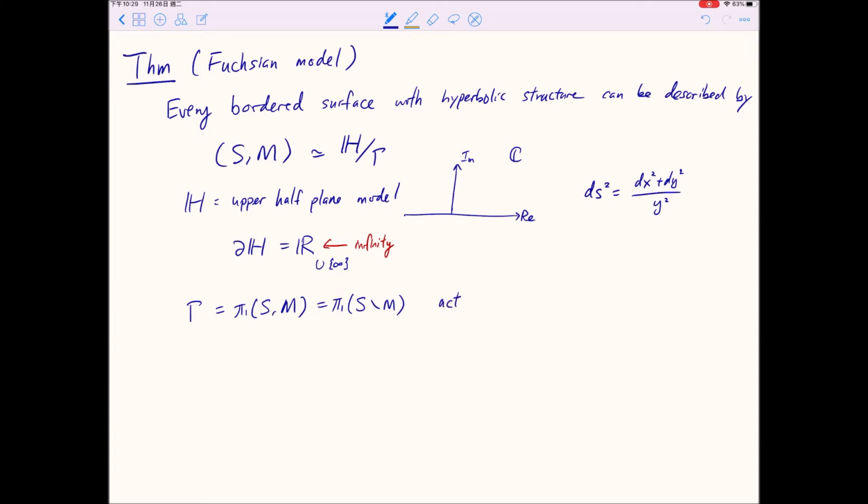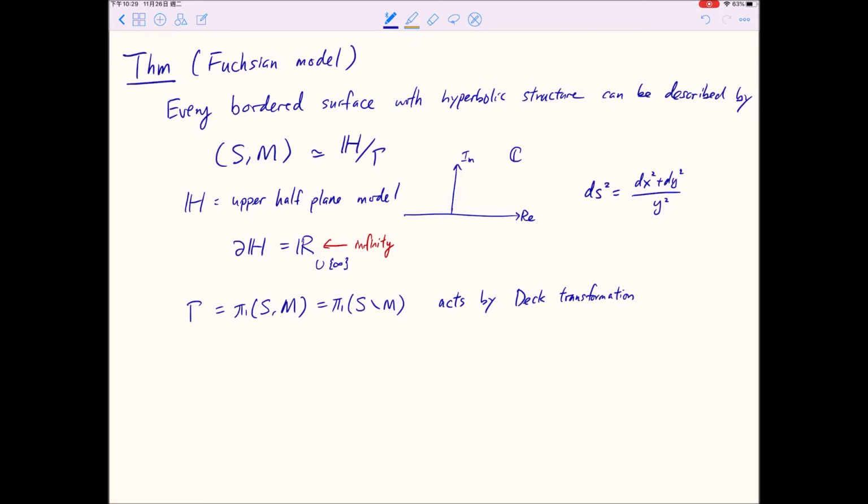So this will act by deck transformations. Because the upper half plane model is the universal cover of your surface, a loop on the surface will correspond to a curve on the upper half plane.